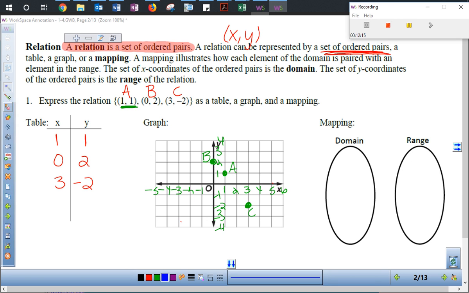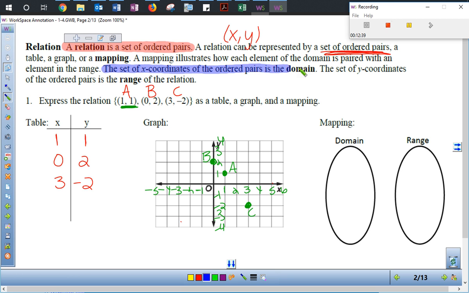The domain is just the set of x-coordinates of an ordered pair. The domain is a fancy word for all of the x-coordinates that I'm working with. That means the range is the set of y-coordinates of the ordered pairs.